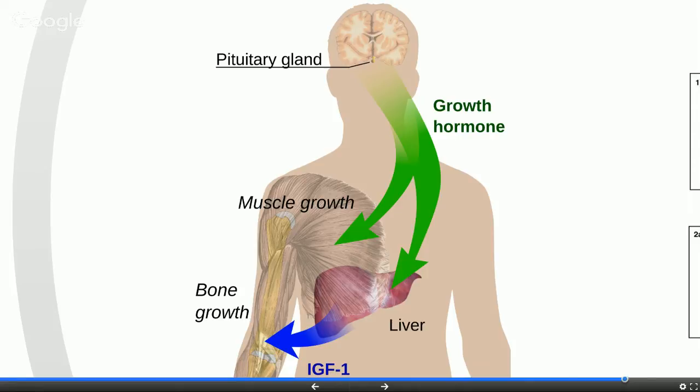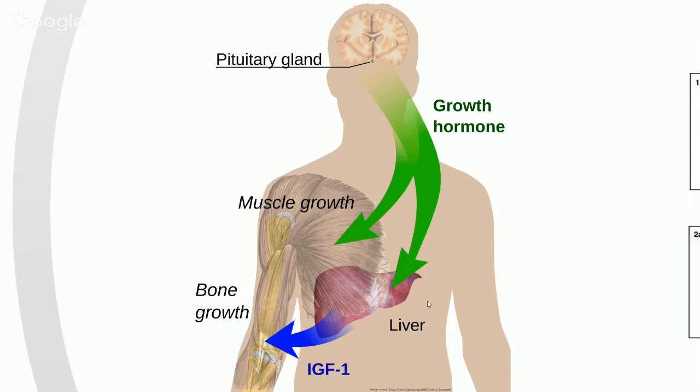What insulin-like growth factor does is it causes tissue growth. In the picture here, it kind of is emphasizing bone growth because that's what we associate it with most. So remember in A&P1, when you're learning about the skeleton and bones, there was that cartilage growth plate. Remember that? What stimulates that cartilage to grow so that a toddler grows to full height is insulin-like growth factor.